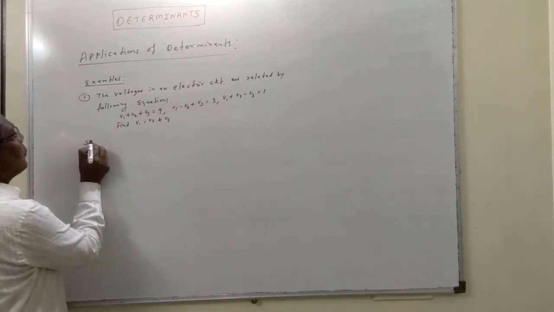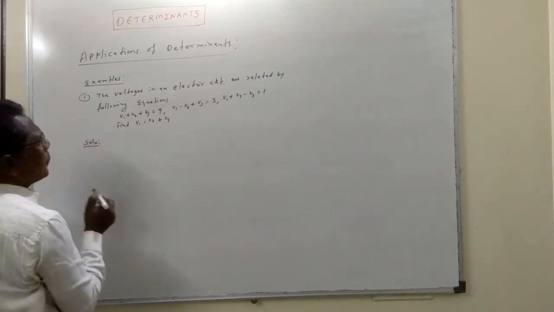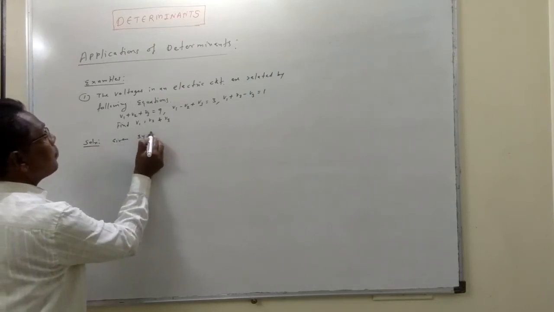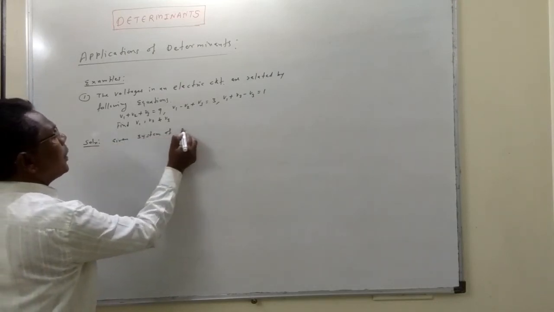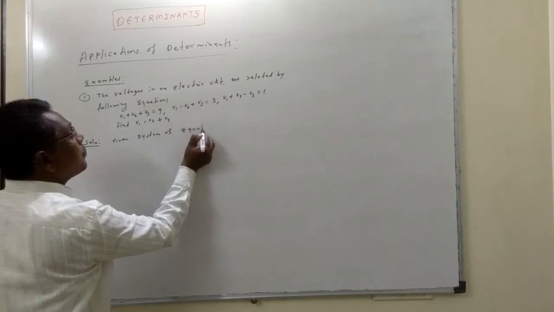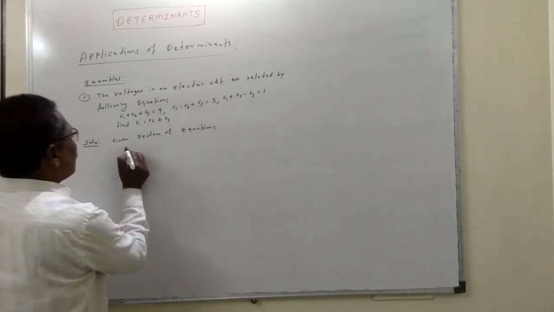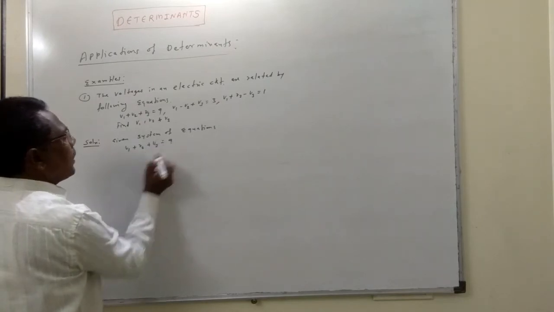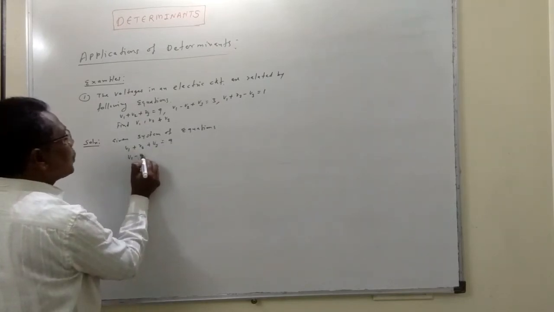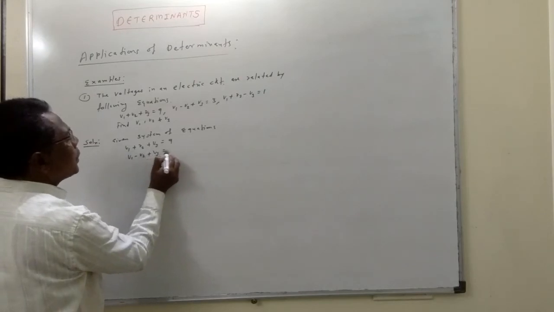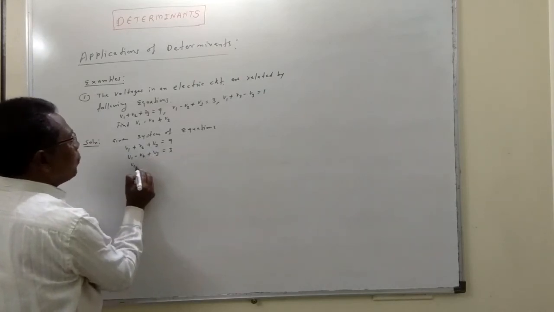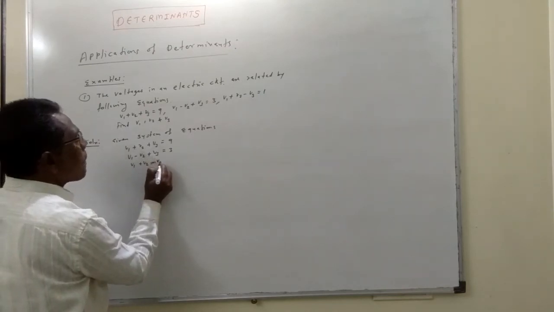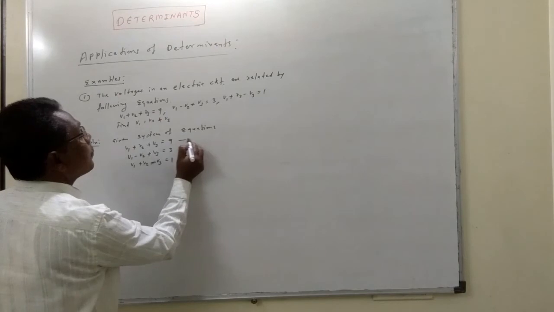So, okay, solution. Given system of equations: V1 plus V2 plus V3 is equal to 9, V1 minus V2 plus V3 is equal to 3, V1 plus V2 minus V3 is equal to 1.